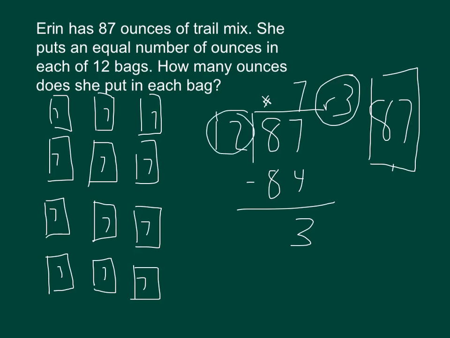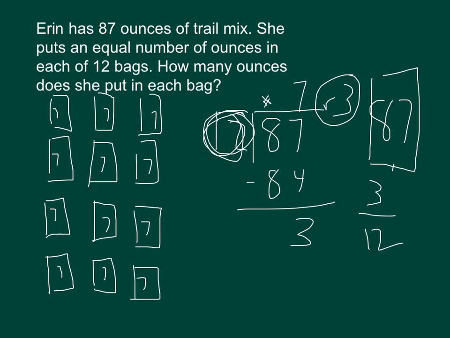So if we're taking whatever's left over and dividing it by the divisor, we're writing that remainder as a fraction. We would write the remainder as the numerator, and we would take the divisor and write that as the denominator. And what we're left with is a fraction.